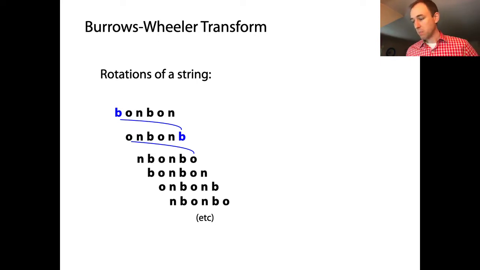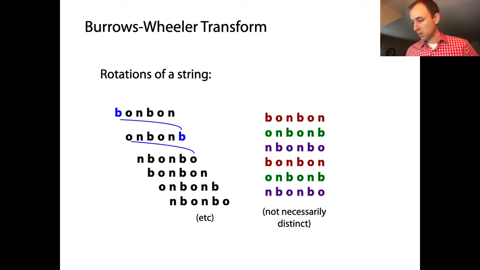This one happened to be repetitive, so we actually see a repetition here. I'll show it to you with colors. We see a repetition between these two, between these two, between these two. So just making the point that when we take all the rotations of a string, we might get repeated rotations. Some of the rotations might be identical.